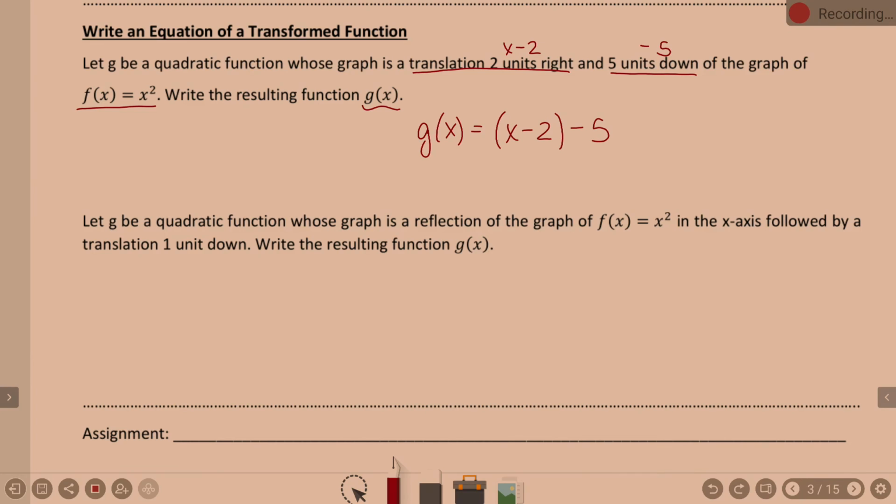It's squared. And where's the squared go? Outside parentheses. Yes. Okay. So by putting that squared outside the parentheses, it's still an x squared, but that left or right motion has to go in the parentheses with the x. The -5 outside. This is very similar to some of the things we've been working with, isn't it? That's the final answer.